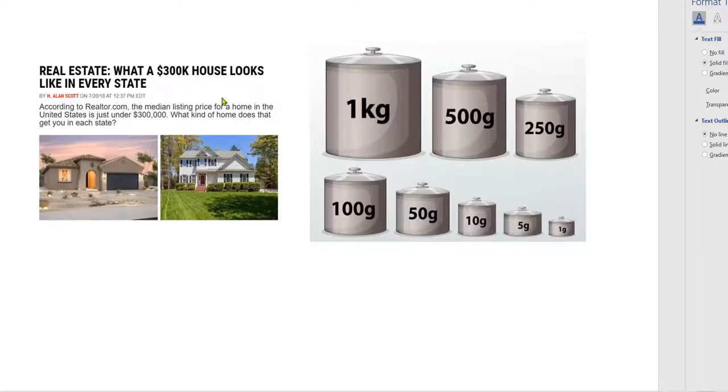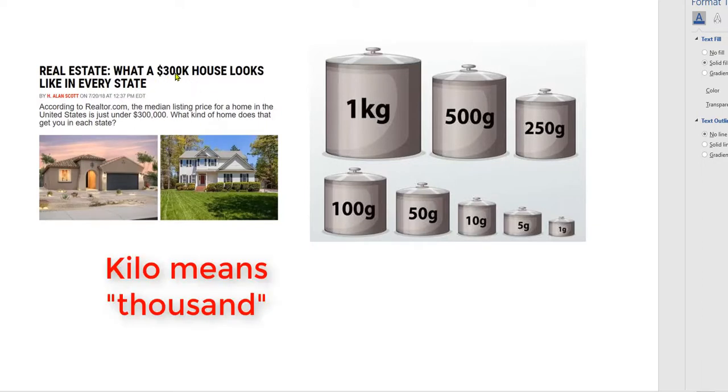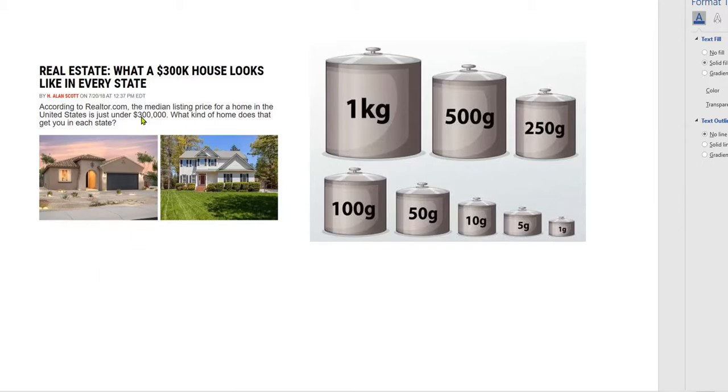Here are examples of kilo in ordinary life. Real estate will often say the price of a house is 300K, 500K, 700K. What does the K mean? 1,000. A $300,000 house can be abbreviated 300K. In some states, that's a nice house, not in California.